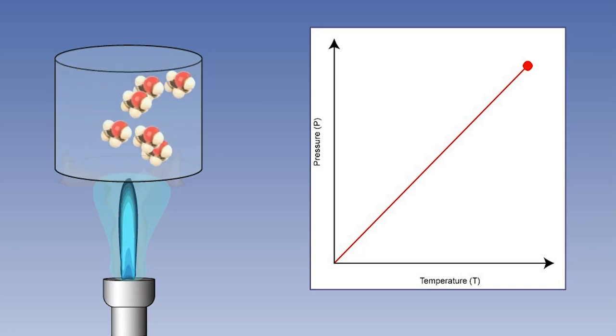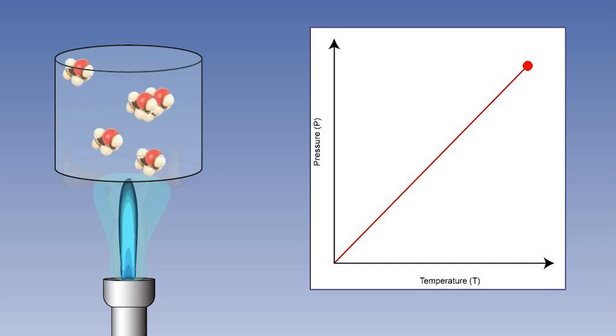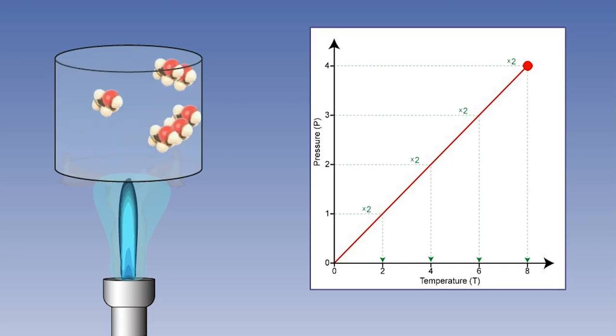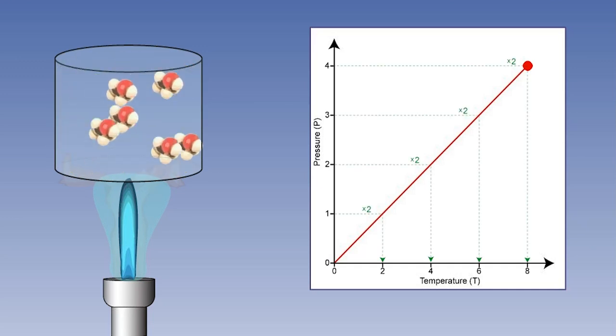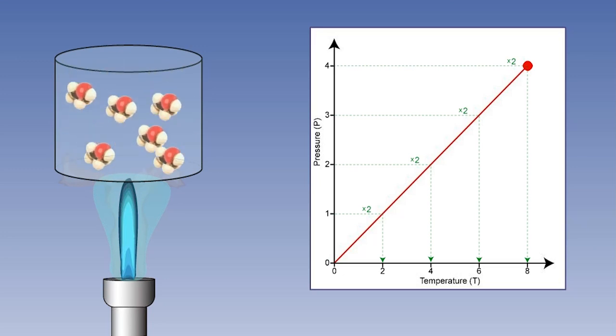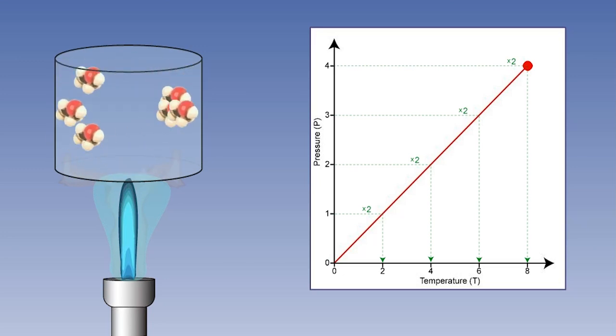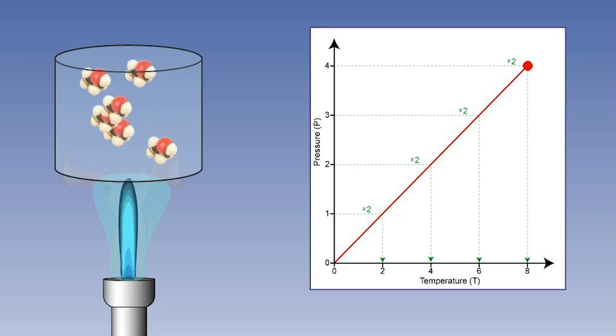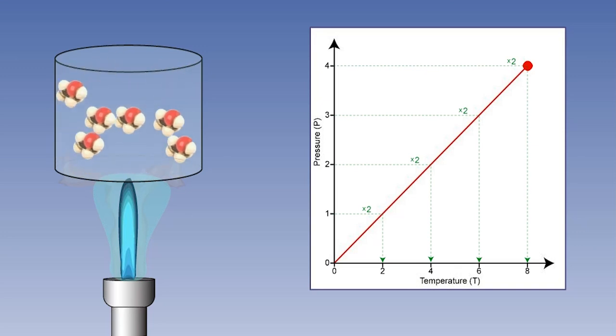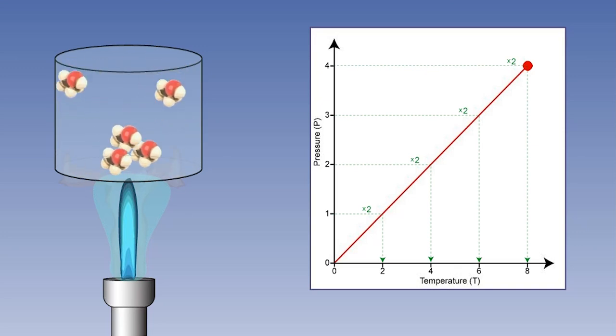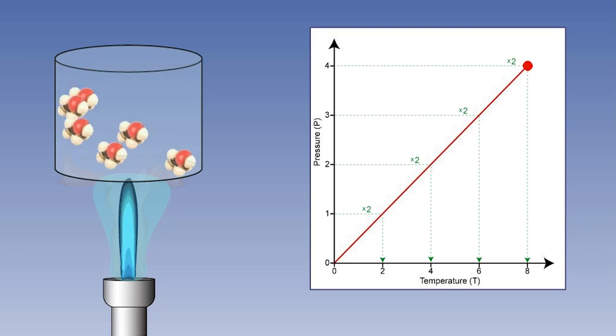If the temperature decreases, the pressure decreases. So, the relationship will always be the same. For example, if pressure increases from 1 to 4 units, and if temperature had an original value of 2, then the temperature would increase to 8 units.